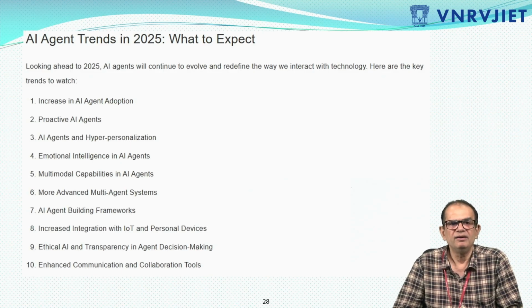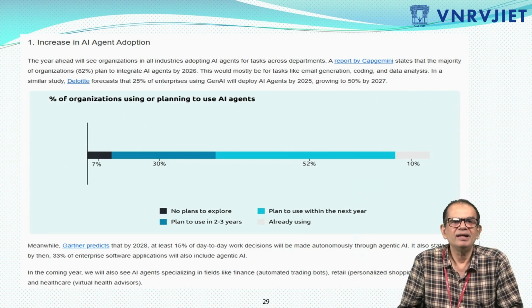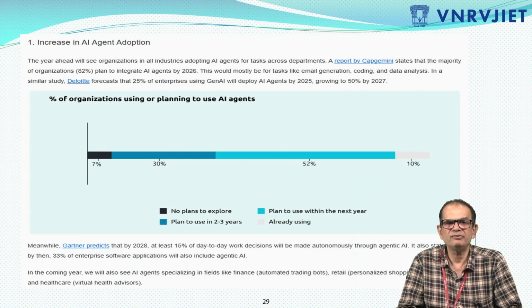So in this way we create a lot of multi-agents and accomplish the particular task. You can see that AI agents are being used in industry more and more, and this graph is showing you all of that.